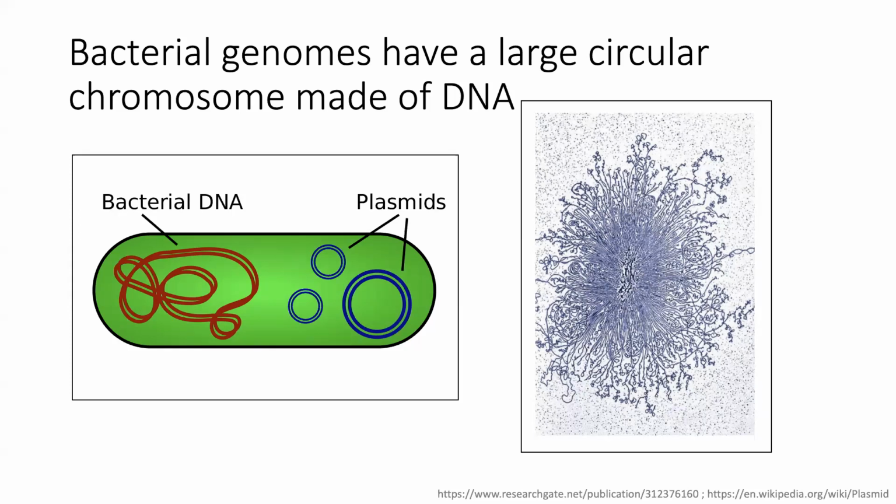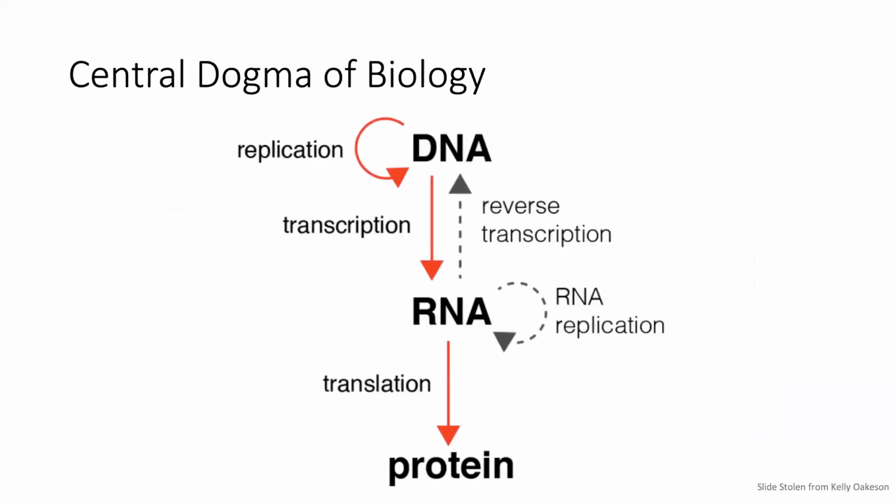And we do that, no, that's a little bit more complicated. To the right is a picture of an electron micrograph of a bacterial chromosome, and you'll notice that it does look a little bit more complicated than the simplified picture. We care about DNA because the DNA is the blueprint for what the bacteria can do.